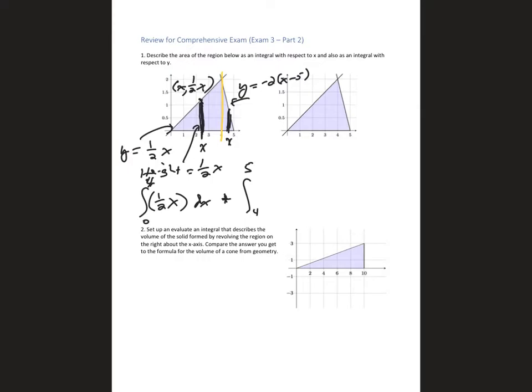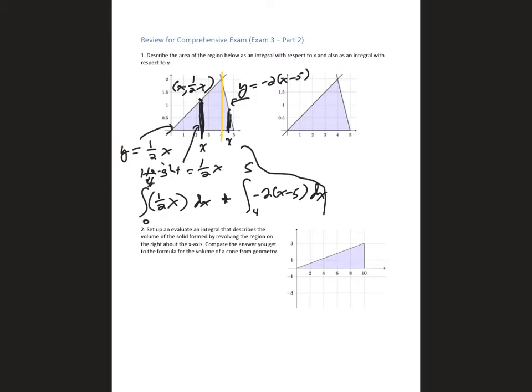That would give me a rectangle of the top point minus the bottom point. So the top y coordinate is -2 times (x minus 5). The bottom y coordinate is 0, and I'm summing those up between 4 and 5.